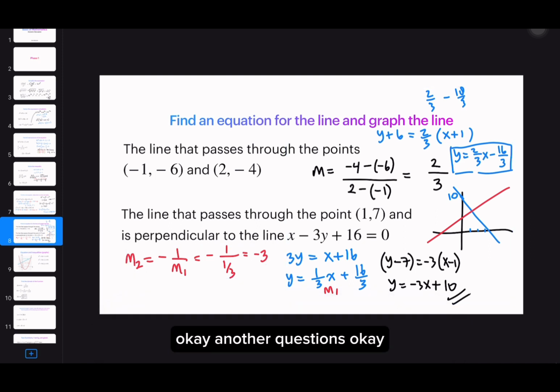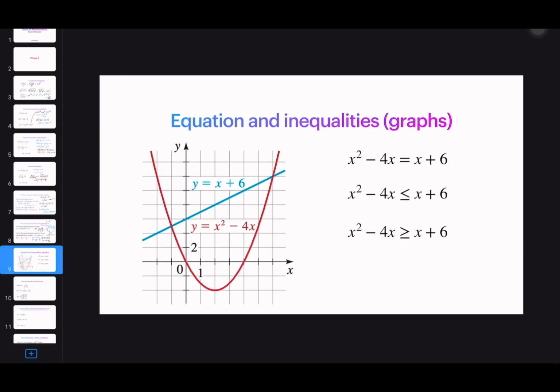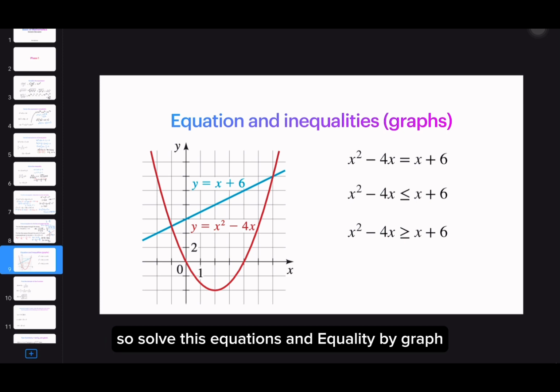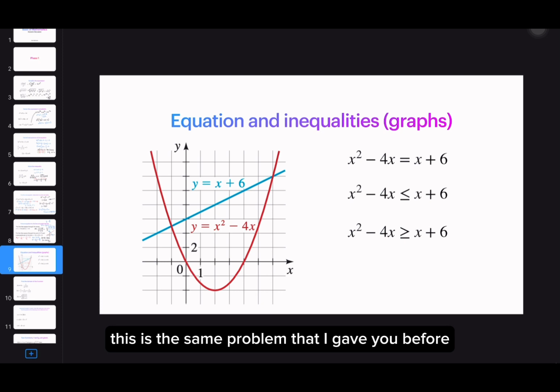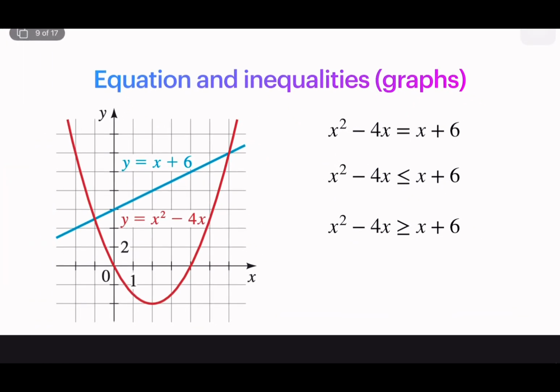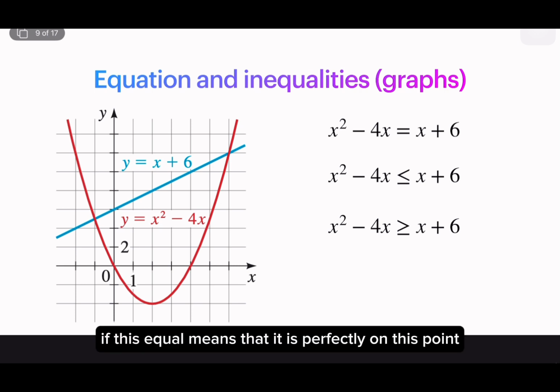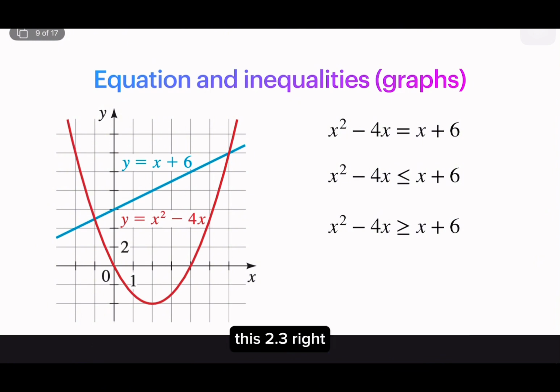Okay, another question. So solve these equations and inequalities by graphs. This is the same problem that I gave you before. Of course, if this is equal, it means that it is perfectly on these 2 points here, right?